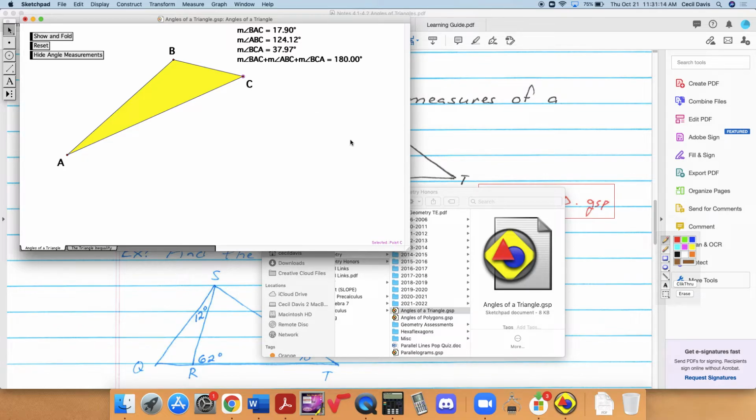That's crazy. It's pretty cool. Can you fold it again? Sure. I just like watching it.